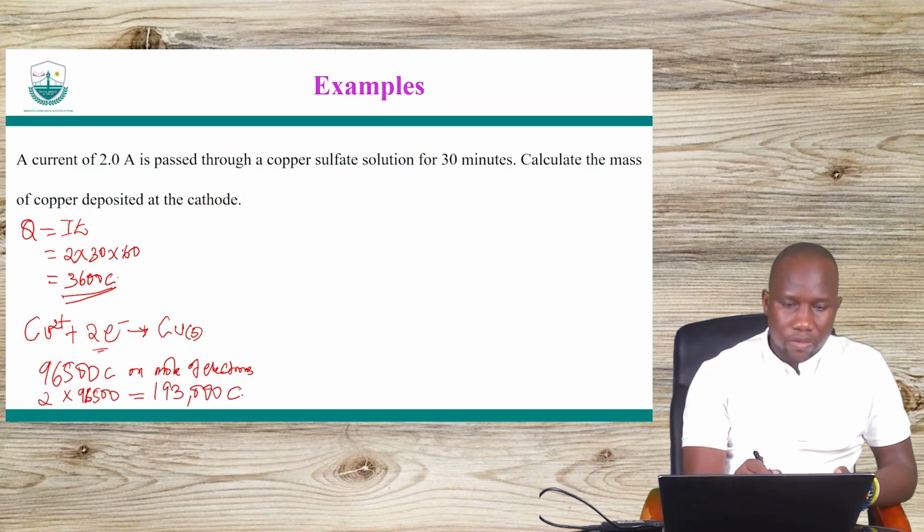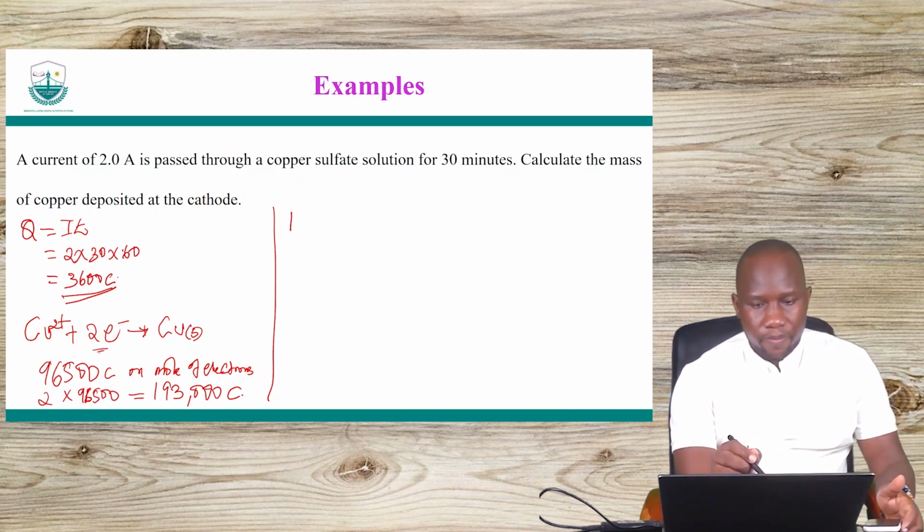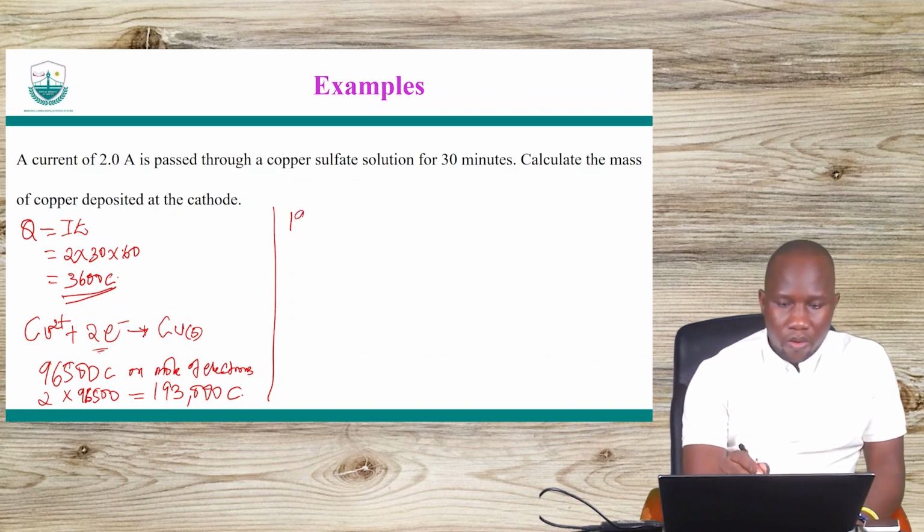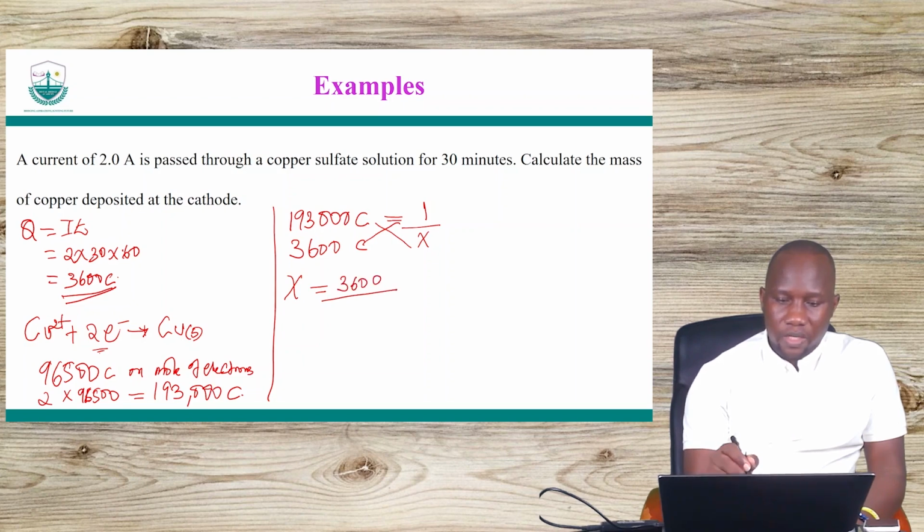This is what you get. Now you have this charge giving you 1 mole. What about this charge that we have passed? How many moles will it give you? You basically don't know, so you cross multiply, right?